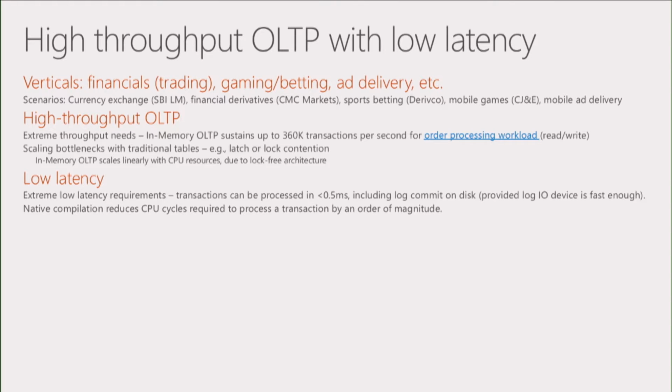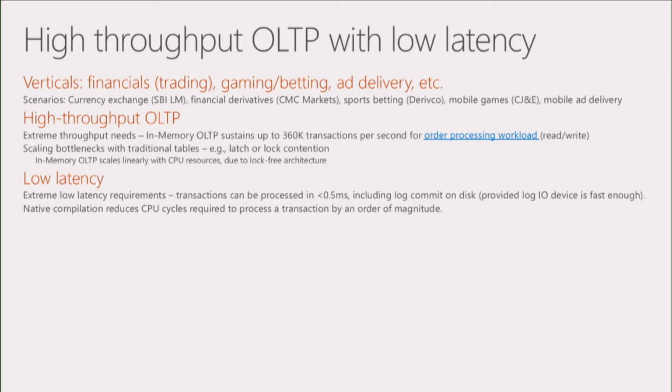Low latency. There are applications, of course, that have extreme low latency requirements. Actually both financial trading and sports betting are good examples. In financials, you have events that occur on the financial markets, and they occur very fast, and people want to place their orders very fast following the event because things can be very fluid.